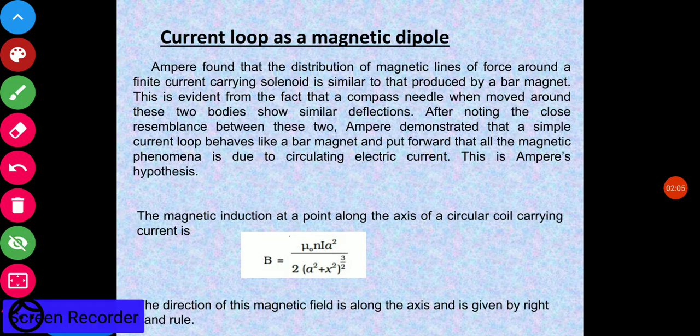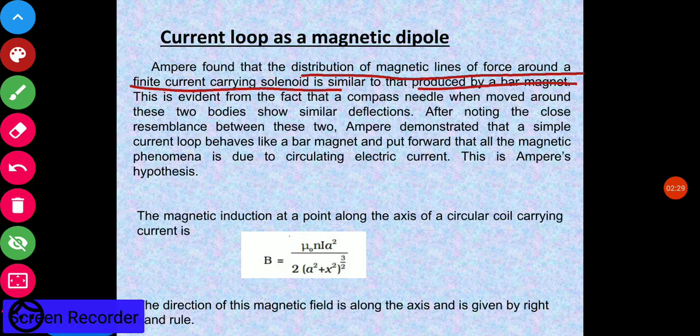Now let us explain it in the following manner. Ampere found that the distribution of the magnetic lines of force around a finite current carrying solenoid is similar to that produced by a bar magnet, which we discussed in the previous lecture also, that a current carrying solenoid behaves as a bar magnet.